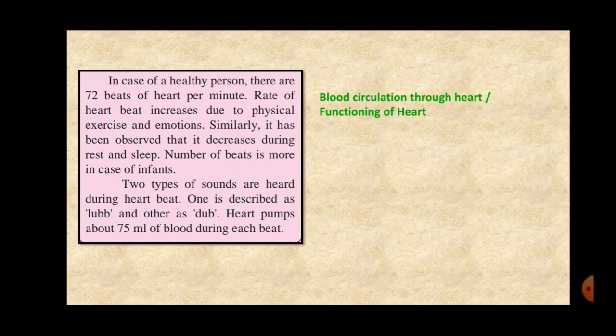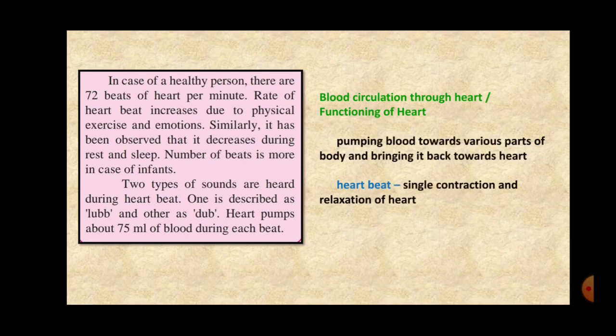To perform this pumping of blood, the muscles of the heart contract and relax alternately. This one contraction and one relaxation is one single heartbeat. So, in a minute, the heart beats 72 times, that means 72 times the heart muscles contract and relax.